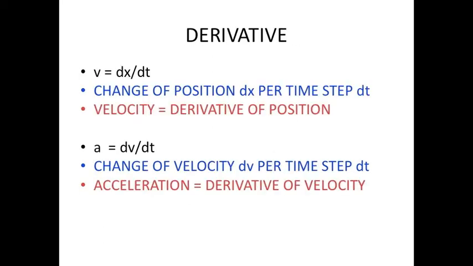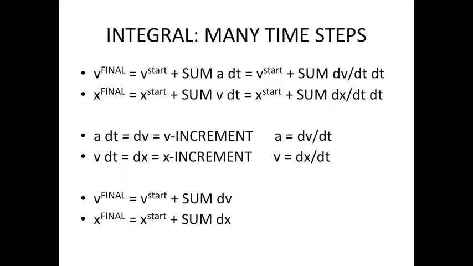This leads to the notion of derivative. Velocity as change of position dx per time step dt is the derivative of position. Similarly, acceleration as change of velocity dv per time step dt is the derivative of velocity. The integral results by summing increments of the form derivative times dt.